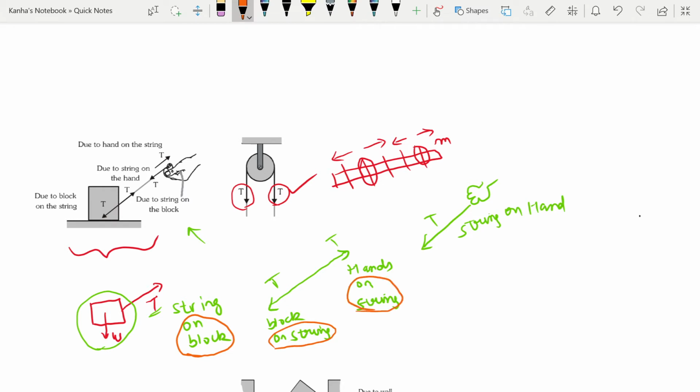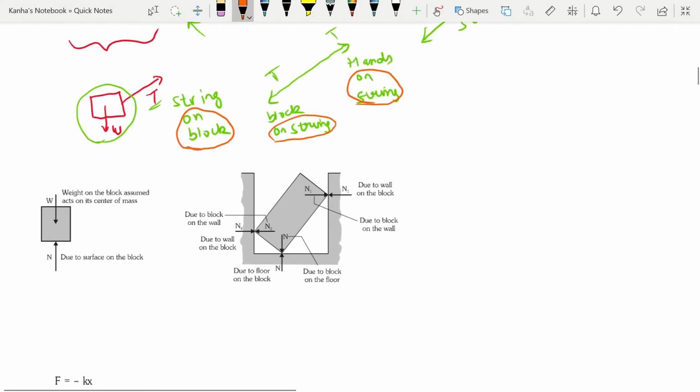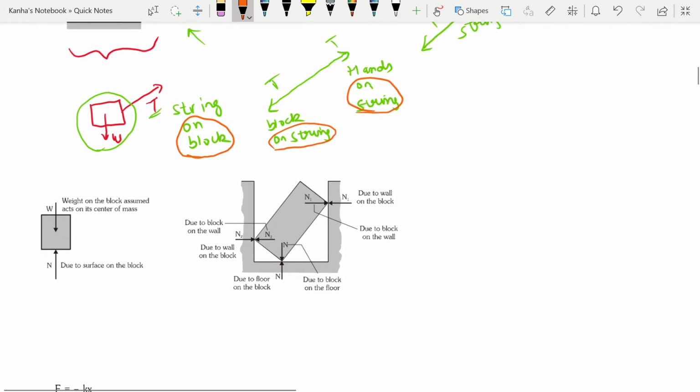This means that the free body diagrams that you are going to make will only include forces that are acting on the system. It does not matter what the system is applying, what all forces this system is applying to others. With this in mind, let's go and look at the normal reaction. So normal reaction due to the surface on a block is represented here.